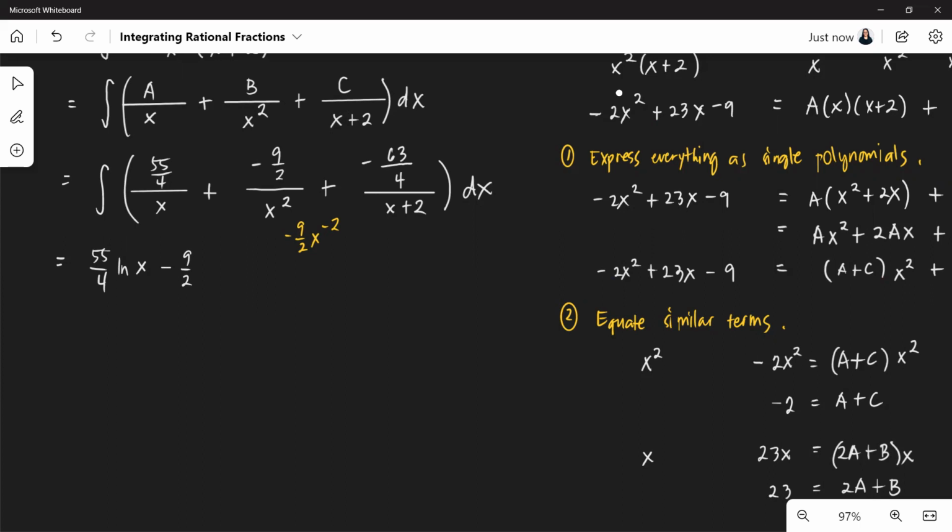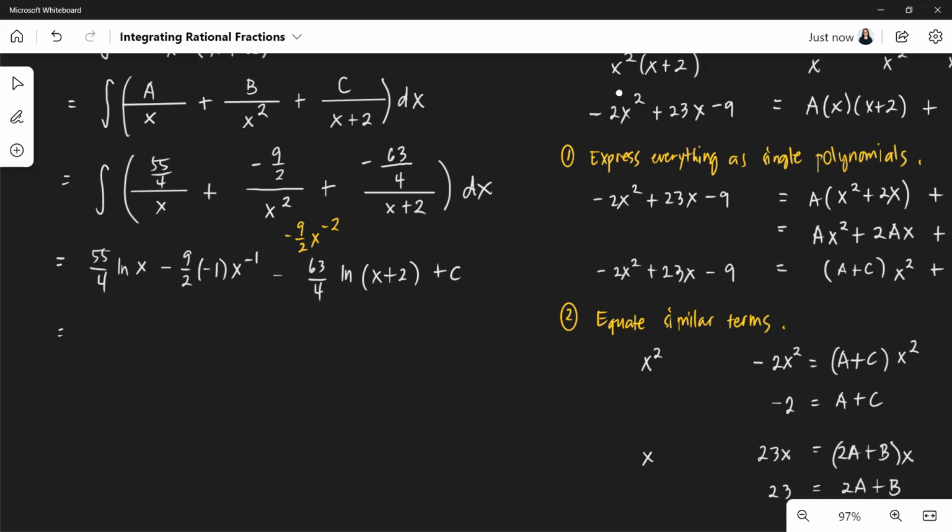If you add 1 to negative 2, it's negative 1. So that's x to the negative 1 over negative 1, or basically times negative 1, x to the power of negative 1. And then minus 63 over 4 natural log of x plus 2, and then plus c.